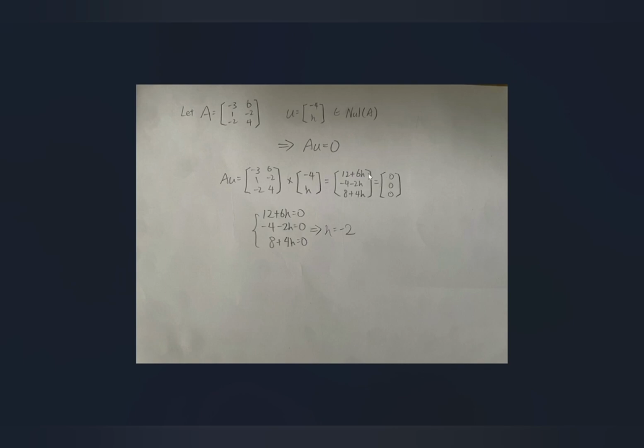Going through the matrix calculation, we get 12 plus 6h, negative 4 minus 2h, and 8 plus 4h in 3 rows, and it should equal the 0 matrix, so that we get h equals negative 2.